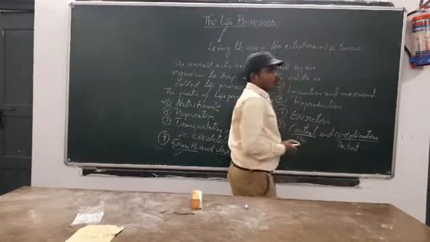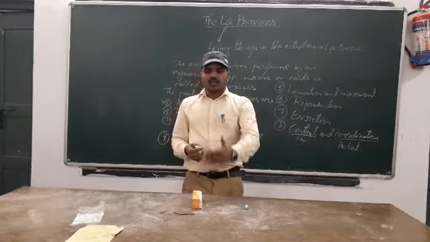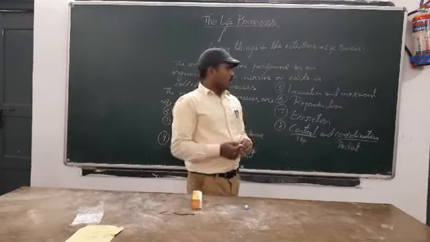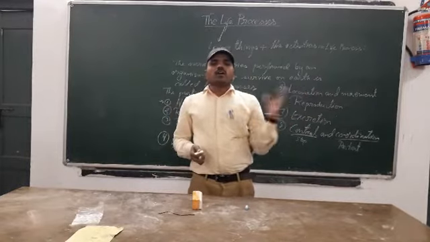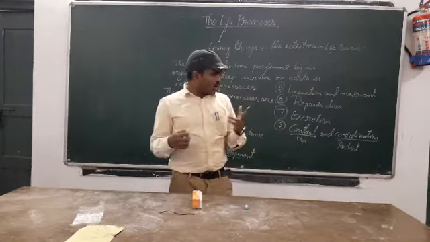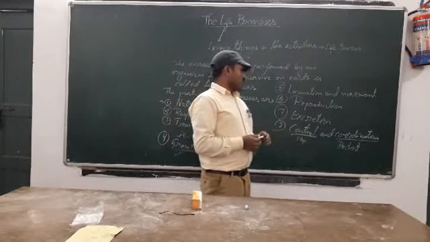Locomotion and movement. Locomotion means change in the place. I mean change in the position of an organism is known as locomotion. Simply it means walking. Movement means, by standing, if someone moves his hands or does any activity just by standing, it is known as movement. Reproduction, giving birth to young ones.